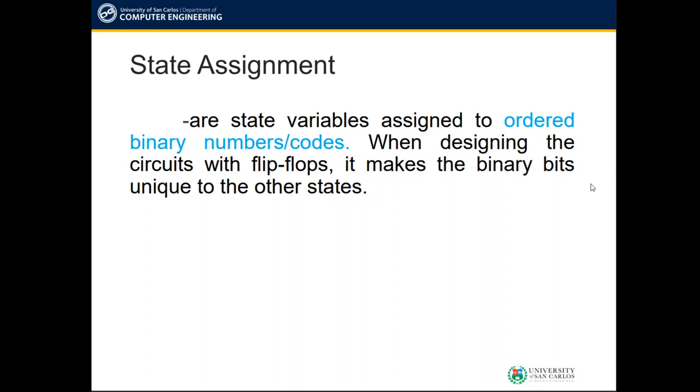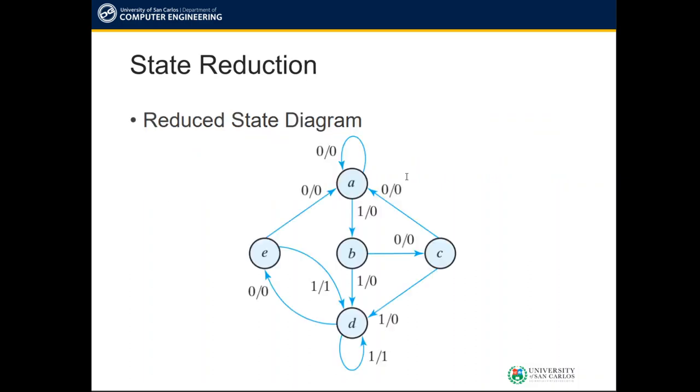So in state assignment, these are state variables assigned to ordered binary numbers or codes. When designing circuits with flip-flops, it makes the binary bits unique to the other states. Initially, we assign the states with variables.